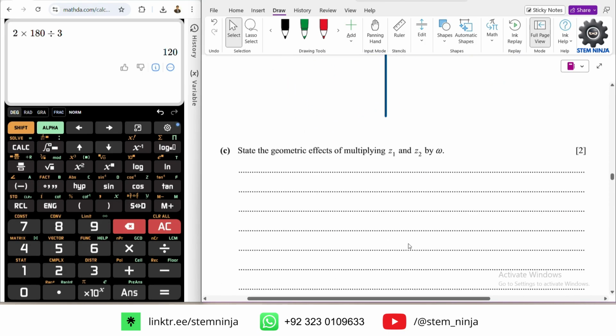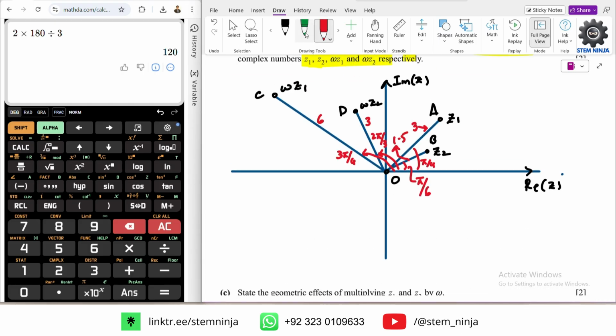State the geometric effects of multiplying z1 and z2 by omega. So we have to see by deduction over here what is happening. When we take z, as you can see, the magnitude of r1 is half the magnitude of that. So omega z1 is multiplying r1 to get this. 2 times the magnitude of this is equal to the magnitude of omega z1.